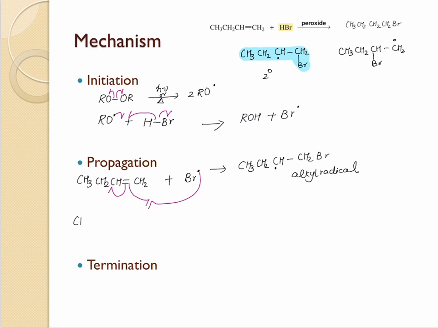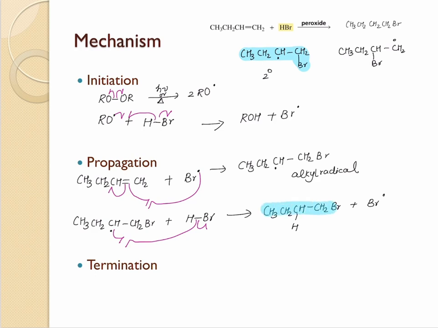So this alkyl radical will react with HBr, removing the hydrogen from this HBr. And it's going to also create the bromine radical. So this is the product that is formed.